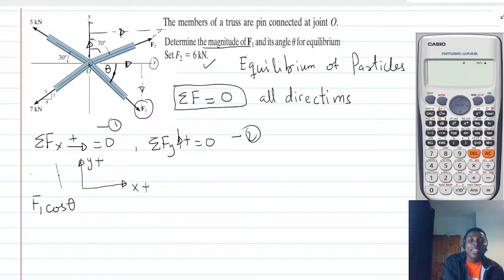Now, interestingly, the 70 degrees here is opposite to the x. So this time around, the x component of F2 is going to be F2 sine 70. Is that right? Because the 70 degrees is opposite. So plus F2, which is 6, sine 70. Is that right?